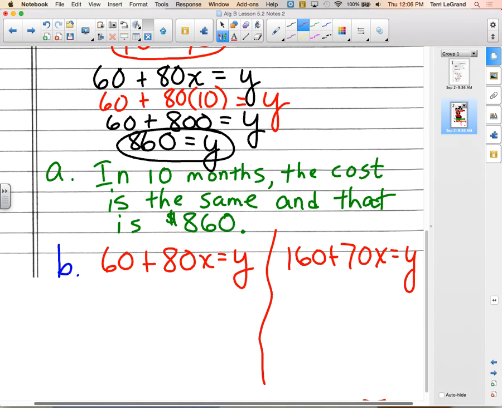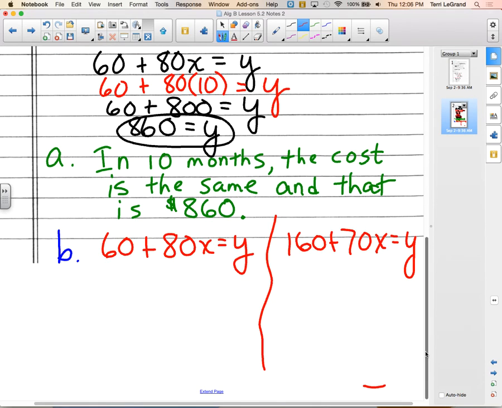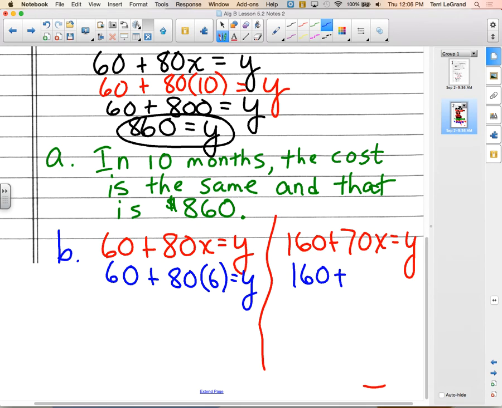We're checking to see which one's going to be cheaper for 6 months. So we could not make this quite so hard: we put 6 in for x into each equation and see what the cost is for that 6 months.